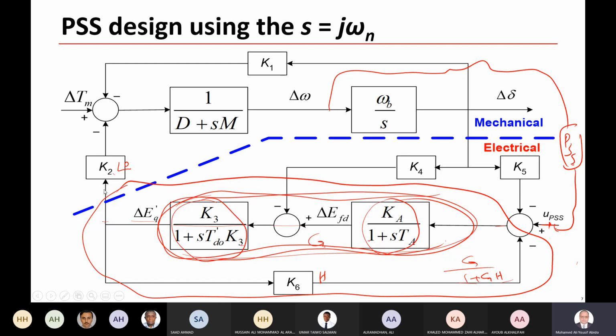So if you are handling one input, of course you can deactivate the other inputs. We are still doing superposition, yes, this is superposition for a linearized system. You need the transfer function between this signal only and the output here. So K4 doesn't play any role. K5 doesn't play any role. Okay, thank you.